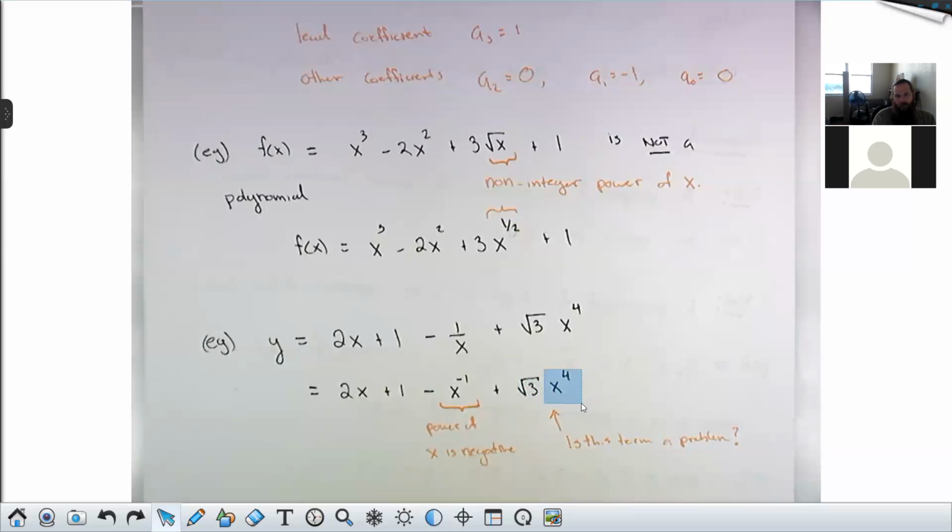So this piece isn't a problem, right? This whole piece right here is just fine. The only thing that makes this non-polynomial is this piece.